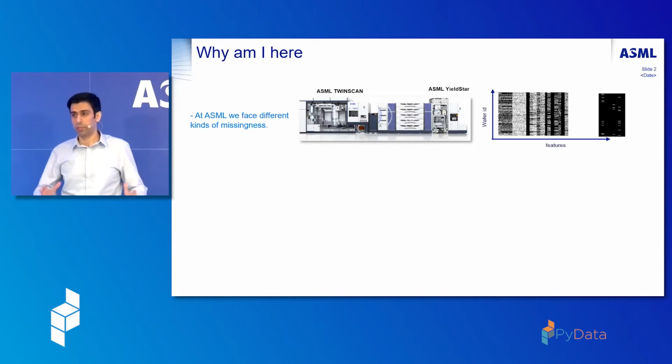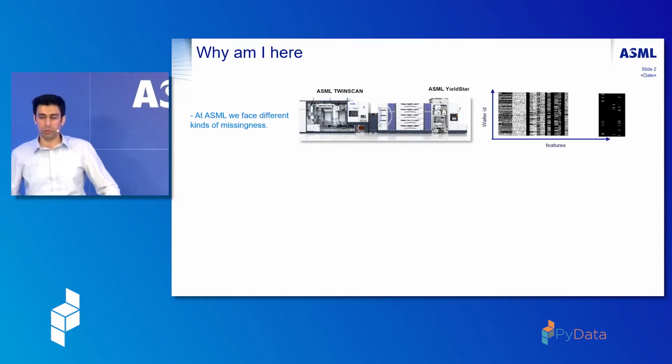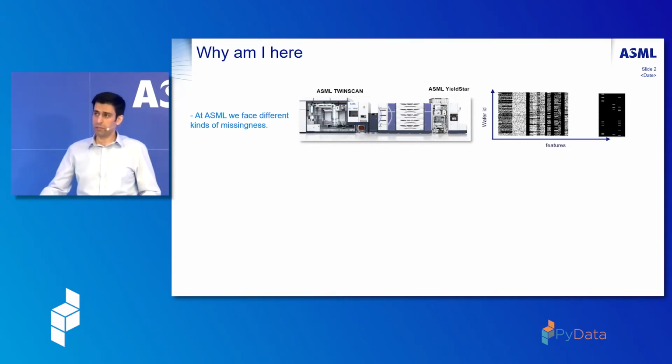A big part of the data that we work with comes from ASML machines, and for a number of reasons, we do not always have all the measurements available. For example, some measurements are very expensive, and we don't want to do that for all the wafers or samples.